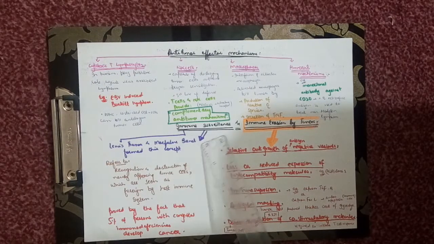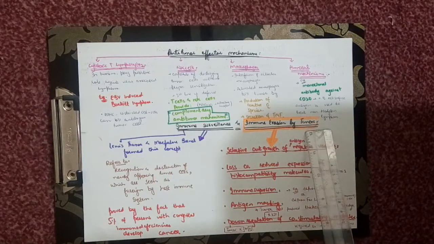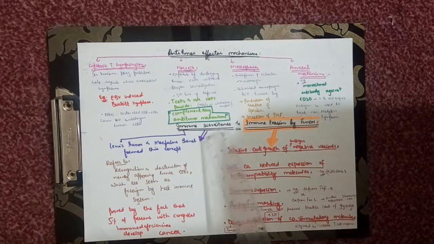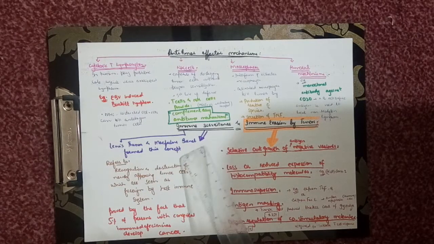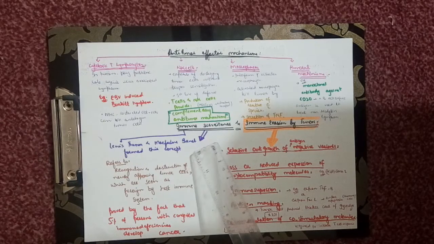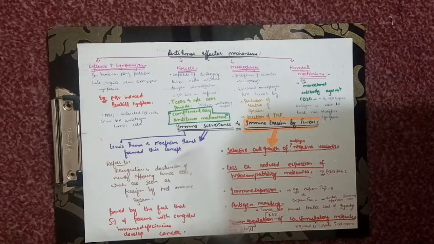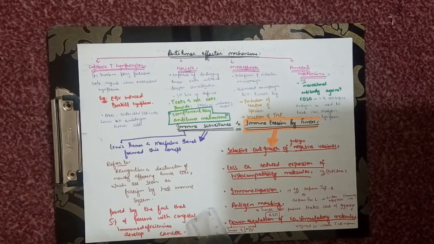Let's discuss immune surveillance and immune evasion by tumor. Immune surveillance is a term that was given by Lewis Thomas and Burnet, and they both formed this concept that refers to recognition and destruction of newly appearing tumor cells which are seen as foreign by the host immune system. It is proved by the fact that 5% of persons with congenital immunodeficiencies develop cancers.